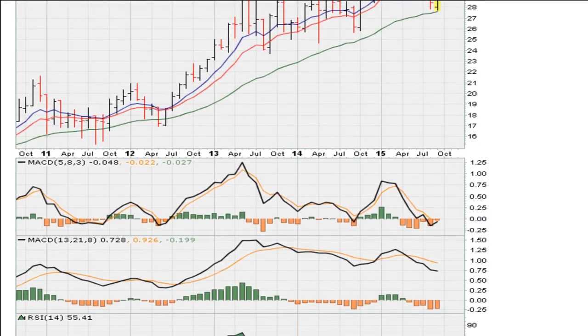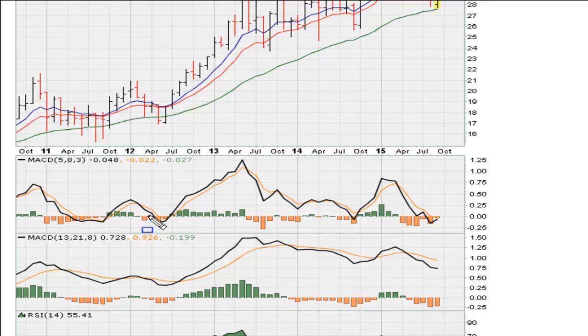Now I just want to couple this with the fact that if you take a look at this uniform activity here, this bounce, which was this level here, it also corresponds eventually with a crossover of the MACD. This crossover of the MACD was taking place above zero, and we know that crossovers above zero are more meaningful and more actionable.